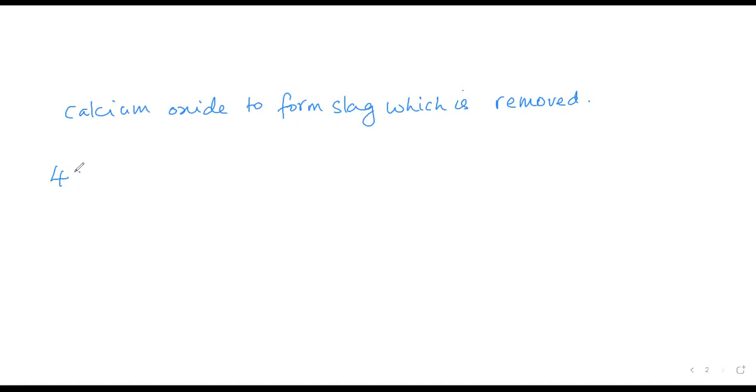Let us first look at the equation. Now, for redox reaction, what is the equation that you will write? The reduction of iron oxide, okay? I have not balanced the equation, but make sure when you submit your book, the equation is balanced.